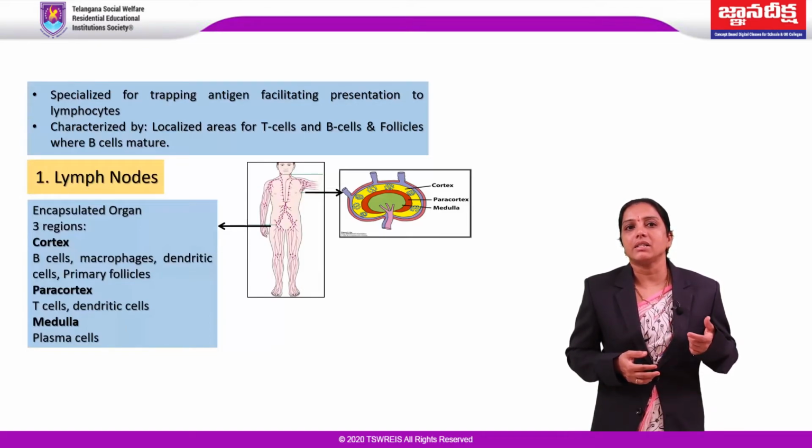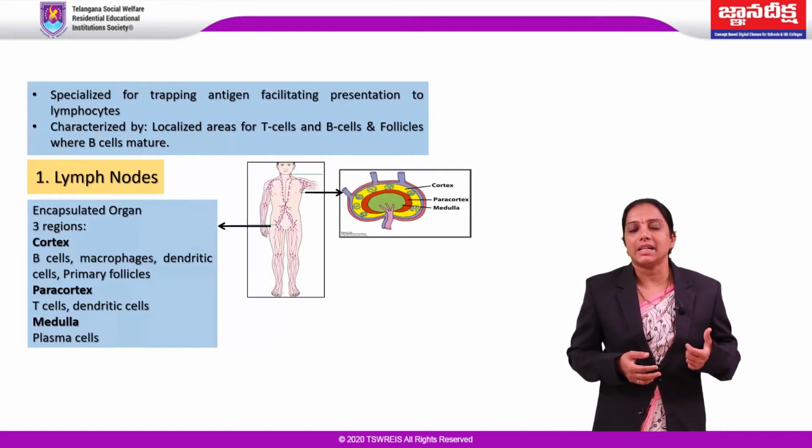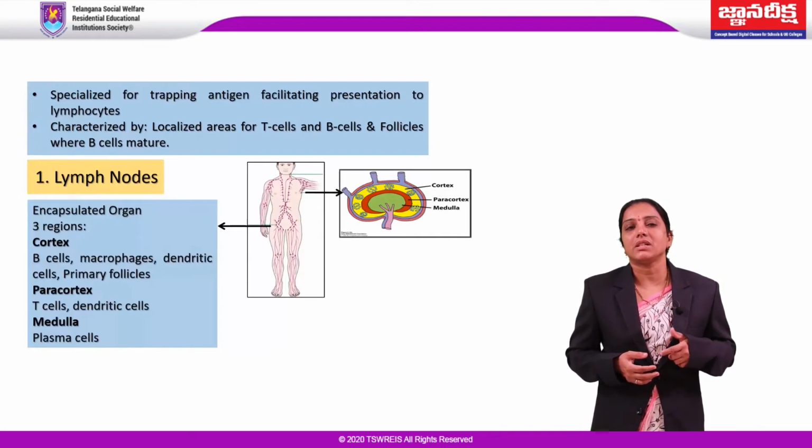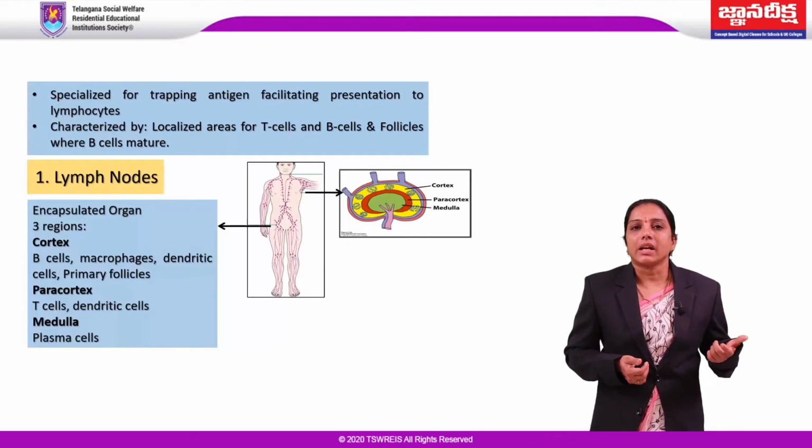Cortex contains B cells, macrophages, dendritic cells and primary follicles where B cells are present mainly. Paracortex includes T cells and dendritic cells, which are antigen presenting cells, and the medulla mainly contains the plasma cells which are secreting the antibodies.